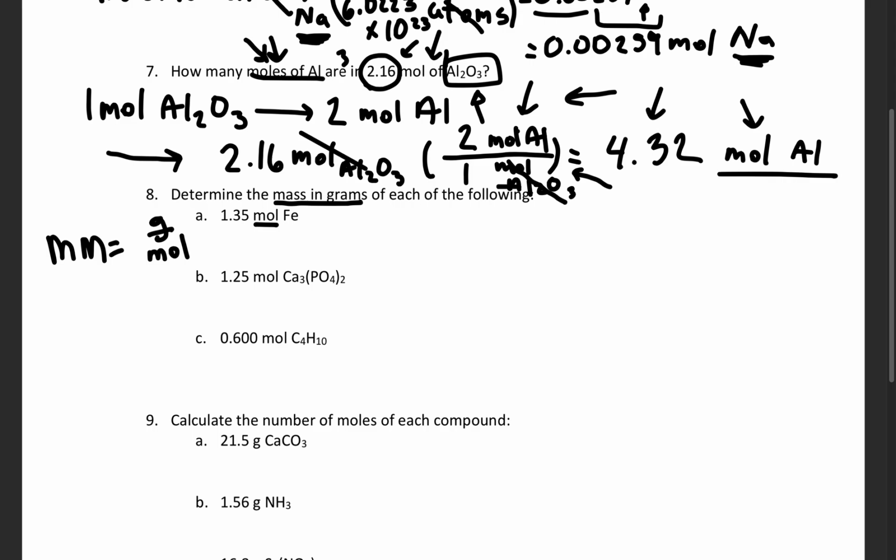So we're going to go, okay, 1 mole iron equals 55.845 grams.